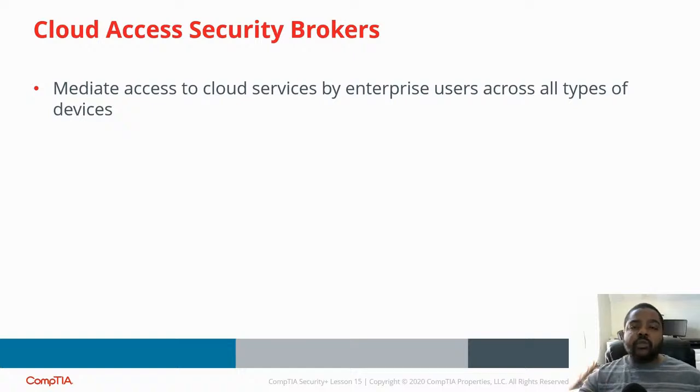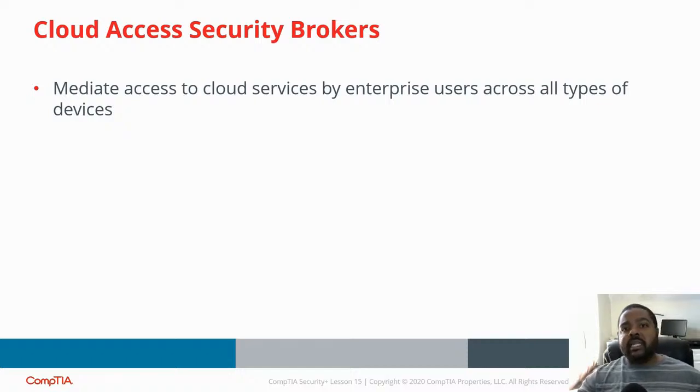Now, when we're talking about moving data from your local machine out to the cloud provider, we want something that's scanning those documents or data and making sure it is not leaking any type of sensitive information. This is where CASB comes into play.